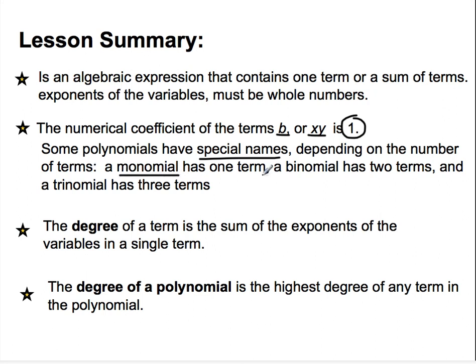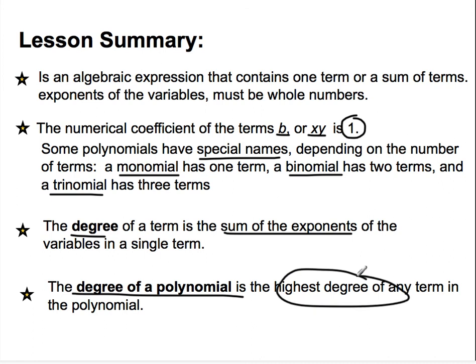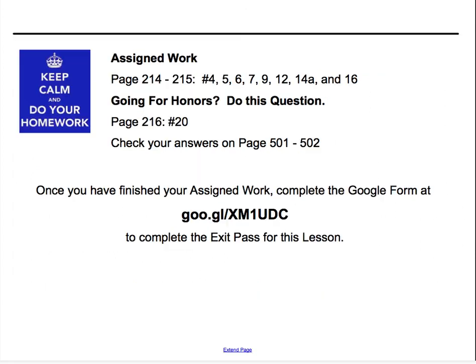So remember, a monomial has 1 term, a binomial has 2, and a trinomial has 3. The degree of the term is the sum. You have to add up all those exponents of each individual term. And then for the degree of the polynomial, take the highest number. So you're going to look at each term separately and then take the highest number, and that'll be the degree of the polynomial.